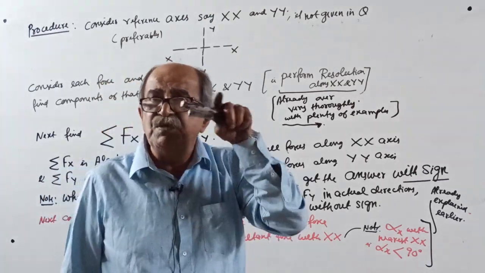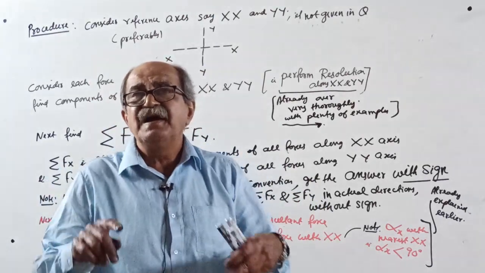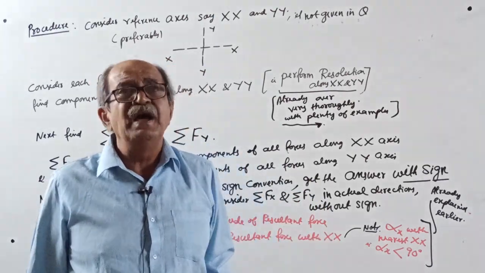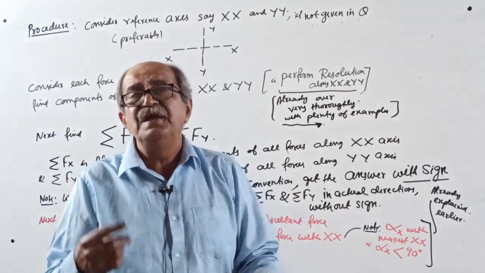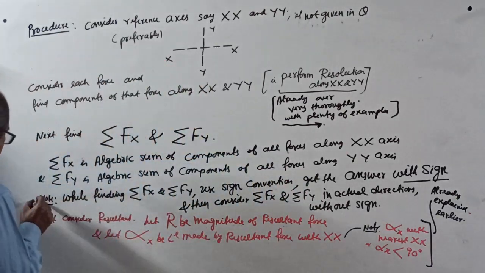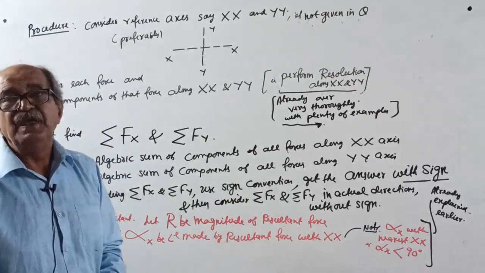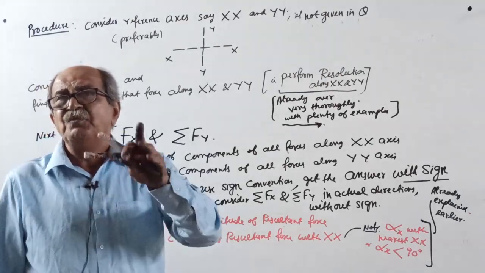Get the answer with sign. Once you get the answer with sign, then write that answer sigma Fx, sigma Fy without sign but in correct direction. You can make a note here. Note, this will be thoroughly explained in the class coming up. If I tell now, it will not be clear.